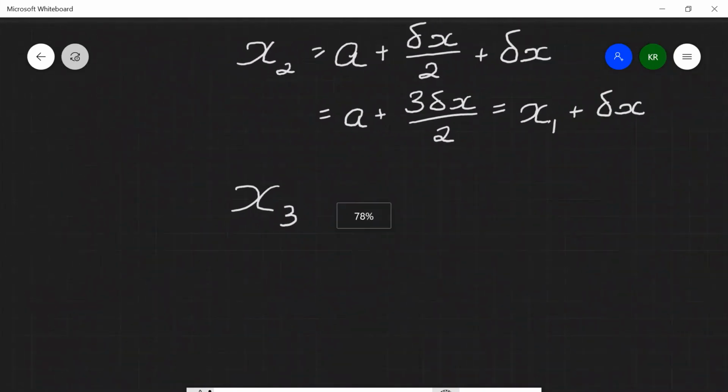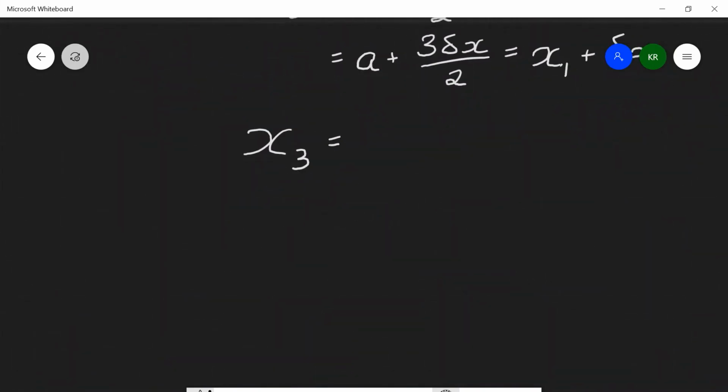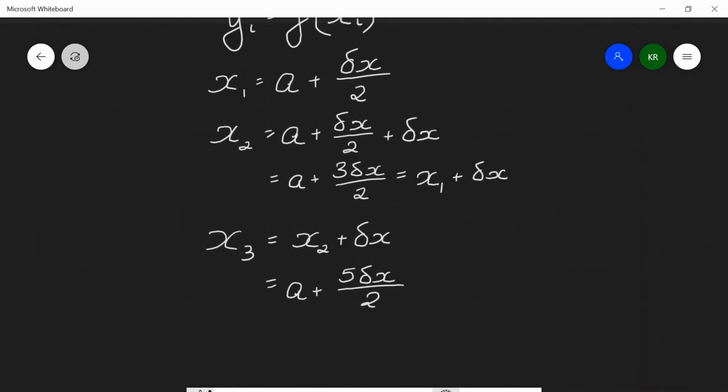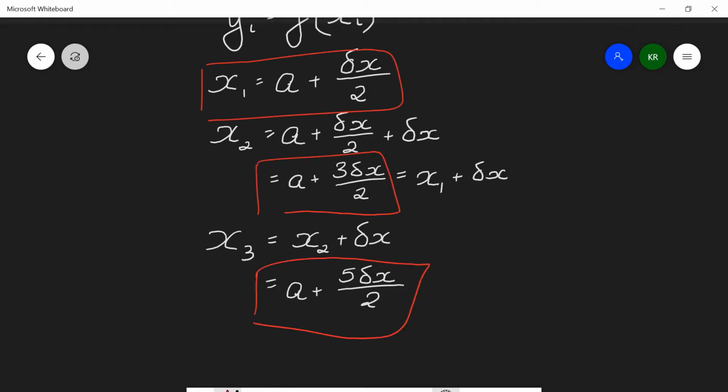So, because that's what we've said it is, right? So x3 is just going to be x2 plus delta x, which you'll find is a plus 5 delta x over 2, right? So this is x1, this is x2, this is x3, right?